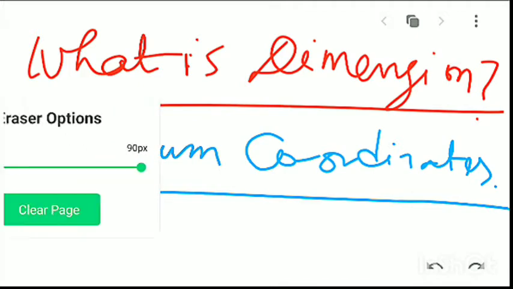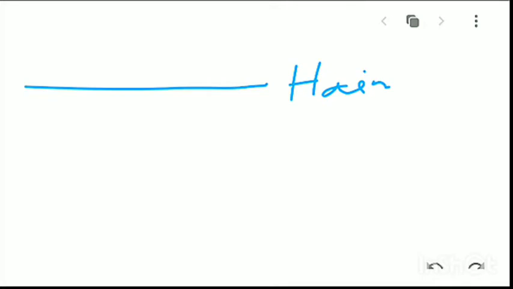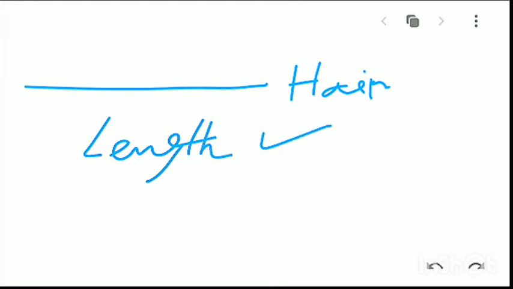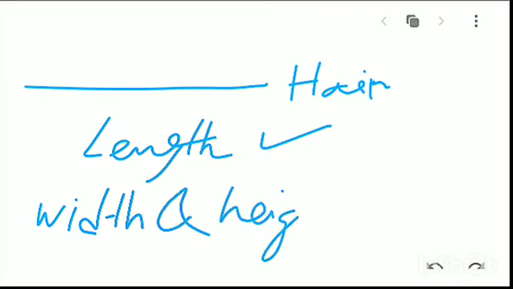But all quantities do not have these three. Just for an example, if I am thinking about a very, very thin object like a hair, it only has length. Only length is present, but width and height are both negligible.